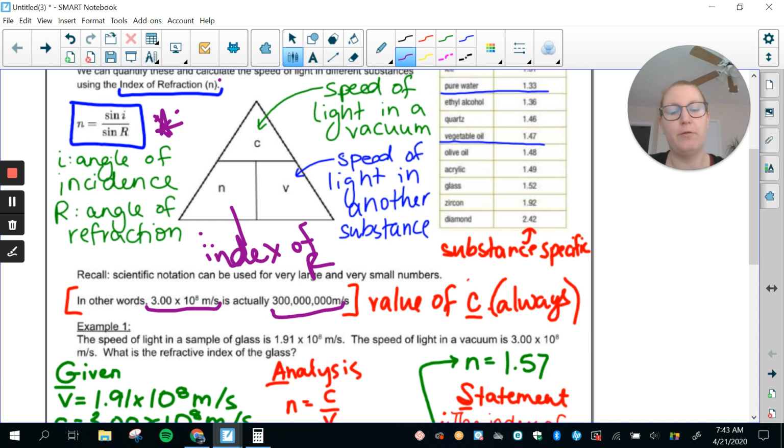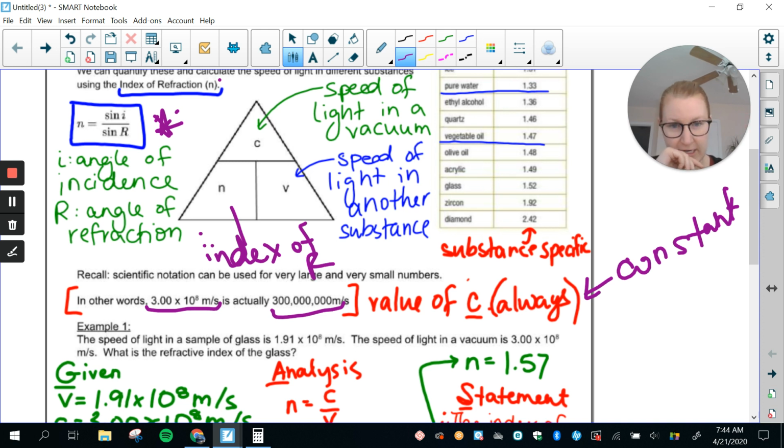And then I mentioned right here, the value of C is always that number. So this is a constant, right? This does not change. So this number, we always know this number, okay? I had mentioned in the weekly schedule, there's a little sheet called the optics reference sheet, and one of the numbers on there is C.